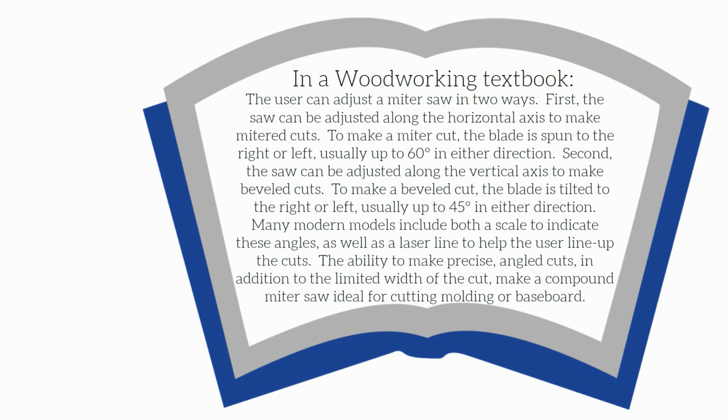To make a beveled cut, the blade is tilted to the right or left, usually up to 45 degrees in either direction. Many modern models include both a scale to indicate these angles, as well as a laser line to help the user line up the cuts. The ability to make precise, angled cuts, in addition to the limited width of the cut, make a compound miter saw ideal for cutting molding or baseboard.